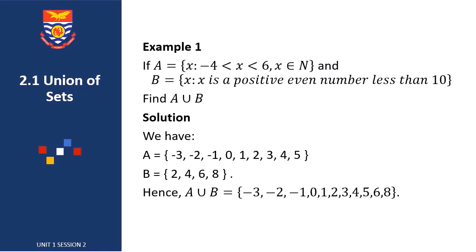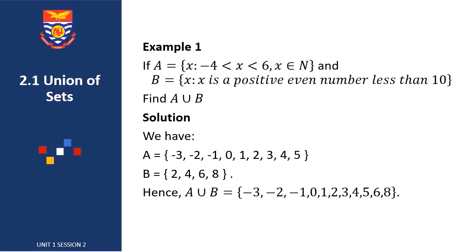We have to list the members of set A, and that is -3, -2, -1, 0, 1, 2, 3, 4, and 5. We also have to list the members of set B, and that is 2, 4, 6, and 8.